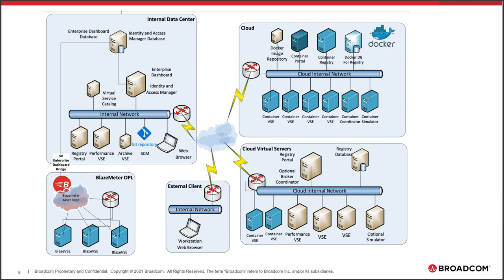And then you could have VMs for your virtual service environments, or you can also have container virtual service environments hooking into that registry. So this is especially good if you have agent-based virtual services, such as Java, or if you're virtualizing mainframe systems and you want to put those in the cloud also.